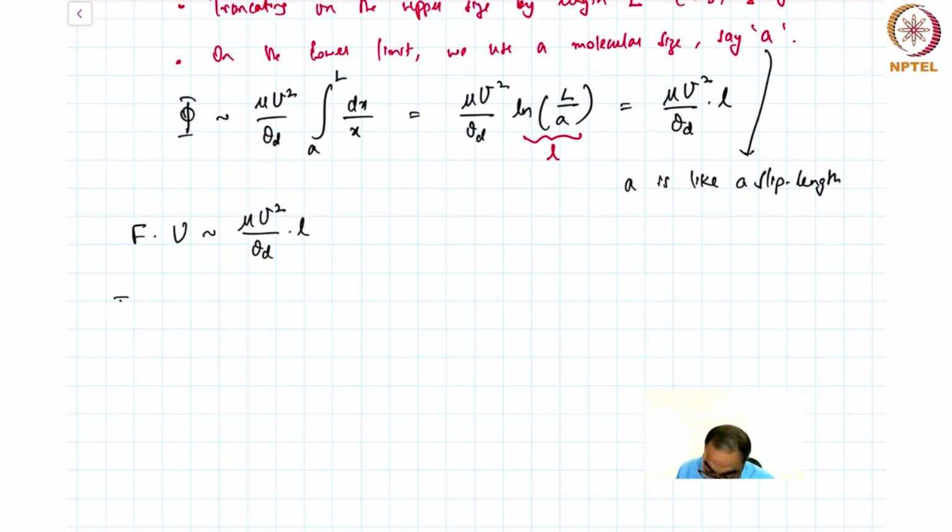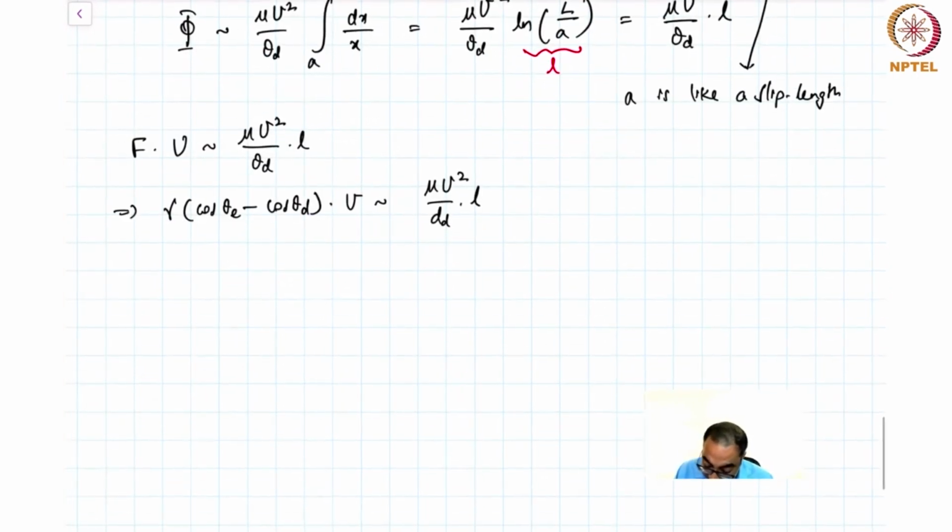And if we use the expression for F, which is nothing but gamma times cosine of theta e minus cosine of theta d, times U will be mu U square by theta d times L. Now we can make some more simplification with this.